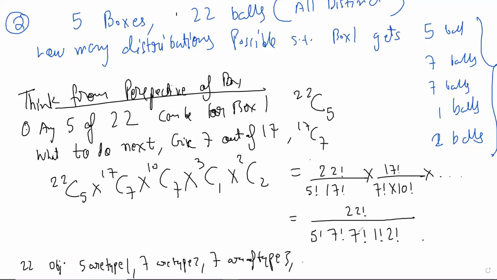This question has exactly this answer, and the proof is the same, because basically you have 22 places and you have to choose 5 places for the first type and 7 places for the second type, and in the remaining places you have to choose 7 for the third. It's the exact same question. So one should have actually said this answer directly, but that's the whole art of it.